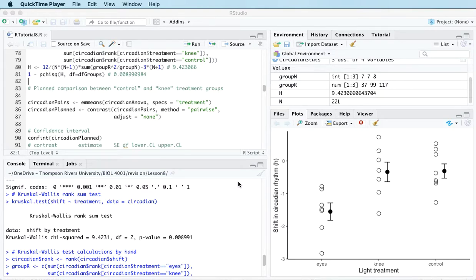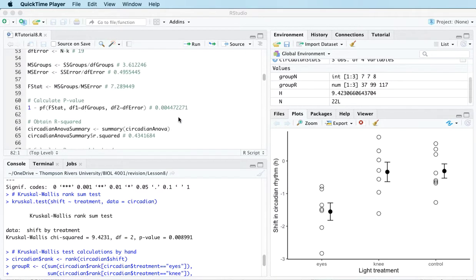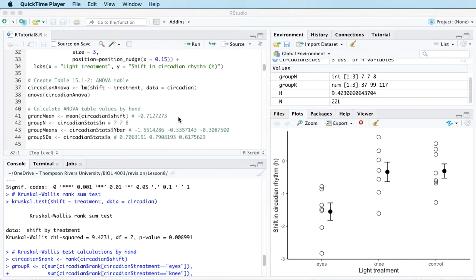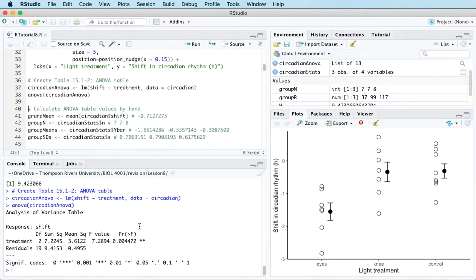We've already analyzed this data. Maybe I'll just pull up the ANOVA table again so we can see it. We ended up with an F statistic of 7.29 and a p-value of 0.0045.